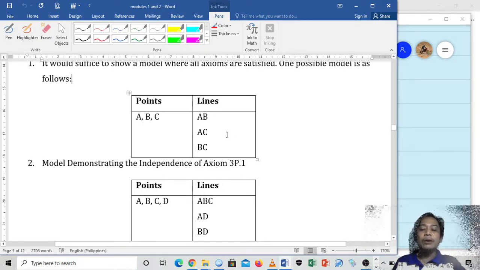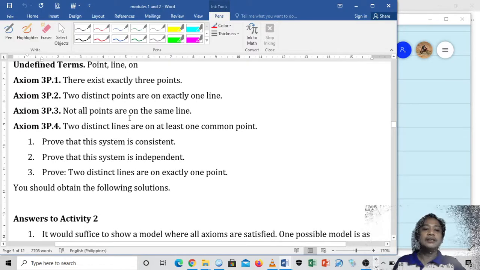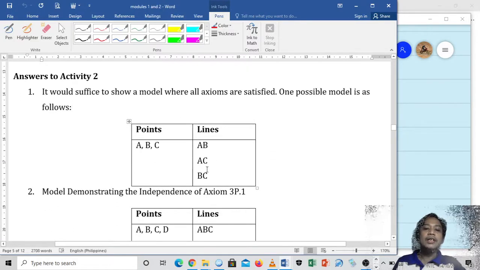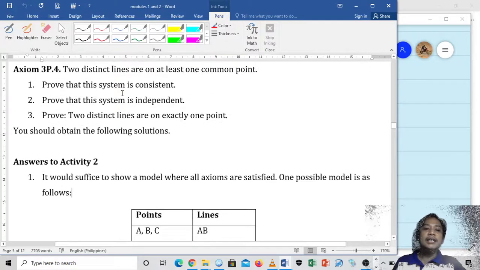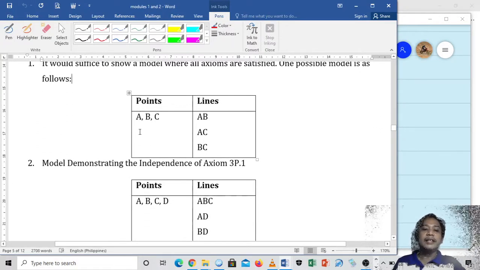So we have considered all pairs of lines and each pair has an intersection, therefore axiom 4 is true. So this is a model which shows that the system, the 3-point geometry, is consistent.